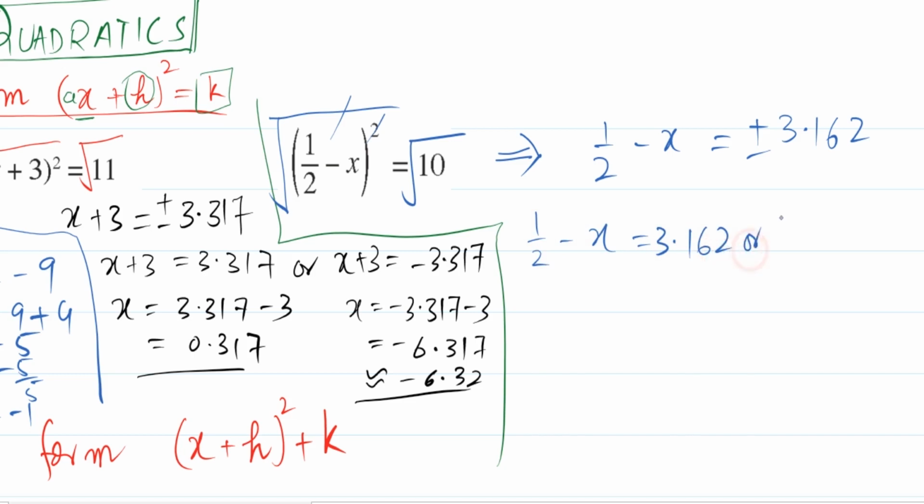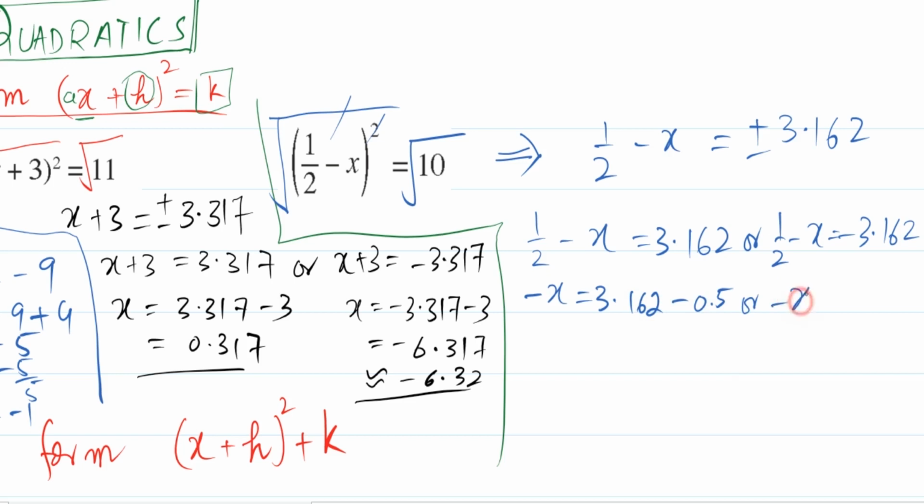3.162, or 1 over 2 minus x is equal to minus 3.162. So minus x is equal to 3.162 minus 1 over 2. If I want to write half as a decimal, it will be 0.5.